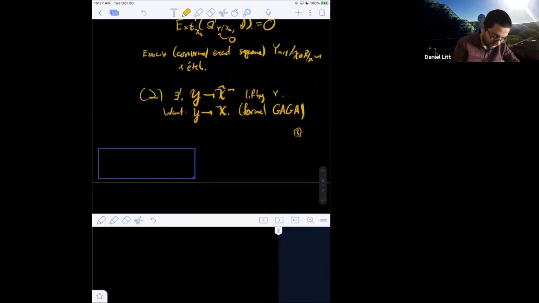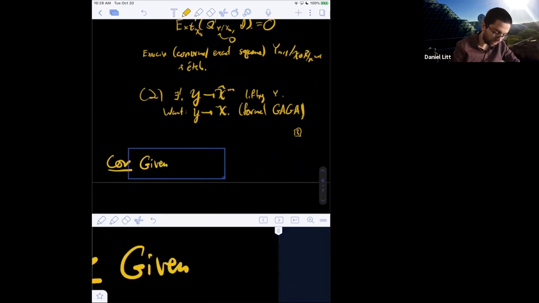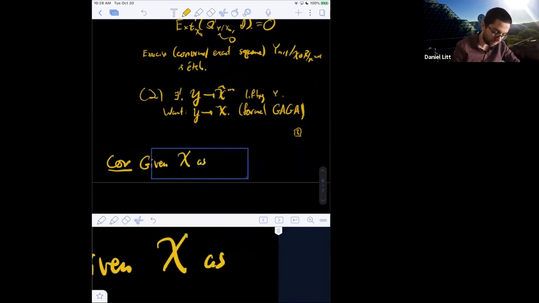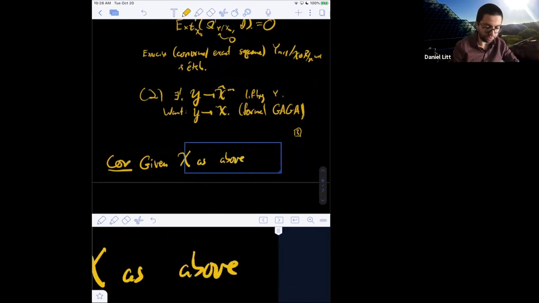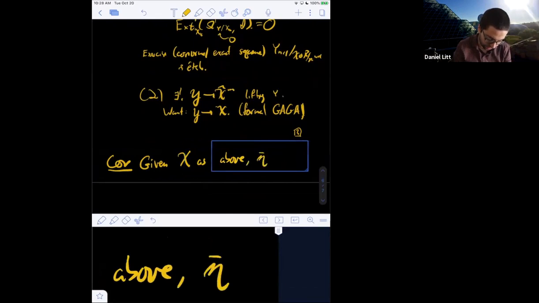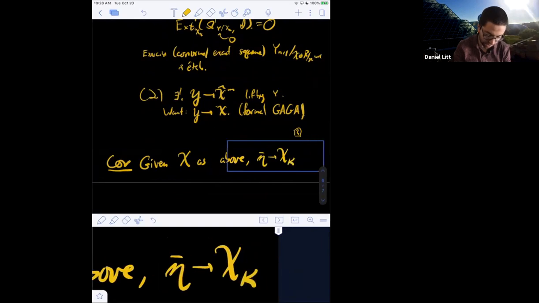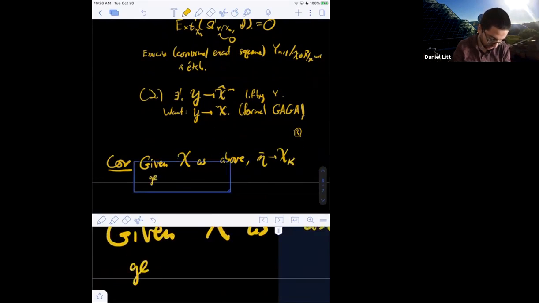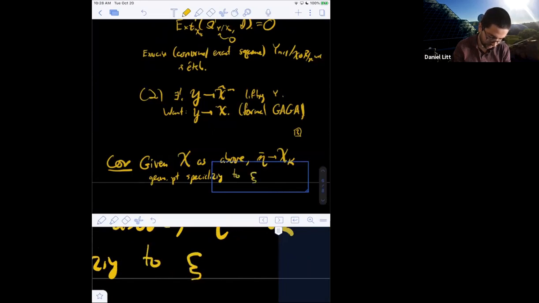So what's the corollary? The corollary is that given X as above, so this was X as above meaning proper and flat over a DVR. And suppose we're given an eta bar to X capital K, a geometric point of the generic fiber, specializing to some C bar in the special fiber.